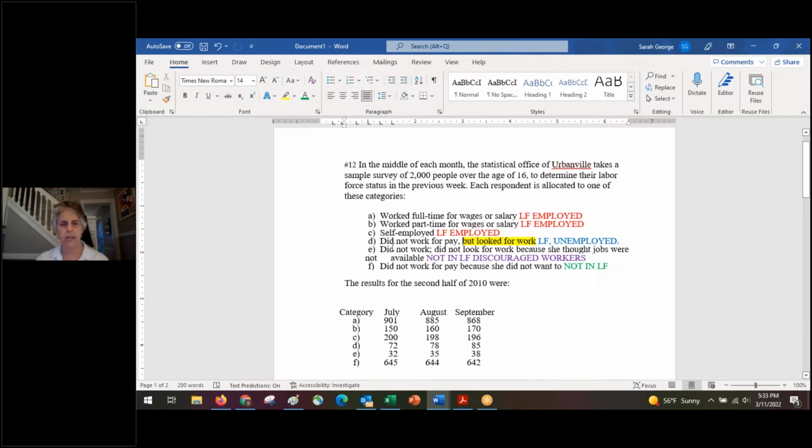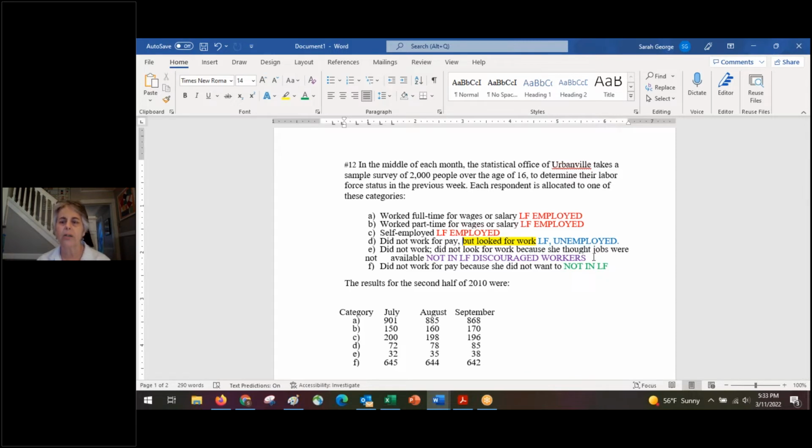E says they did not work, they did not look for work because she thought jobs were not available. So if you don't have a job and you're not actively looking for a job, you are not in the labor force. These people who meet the requirement of E are called discouraged workers. Discouraged workers are people who lost their job, looked and looked and looked for another job that they thought would suit them, and they were unable to find one.